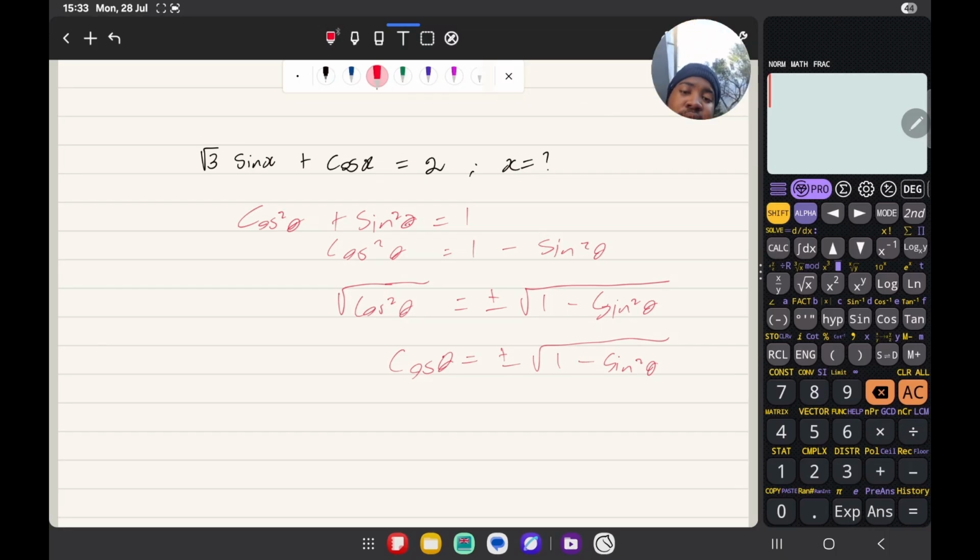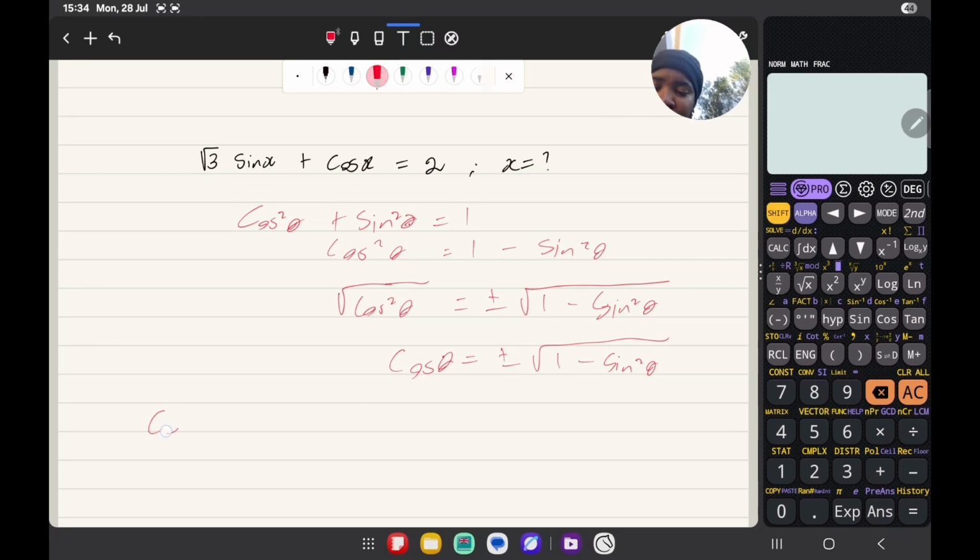Alright, cool. So with this, we're going to try to substitute it there. Let me see which one works best, the negative or the positive. For now let me write that.